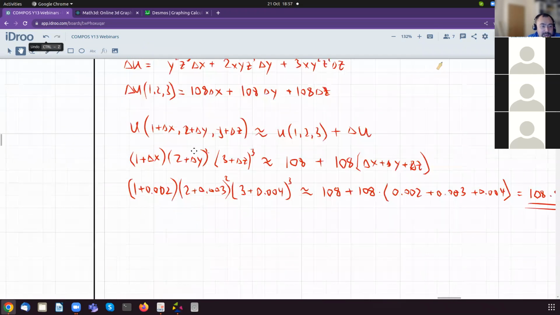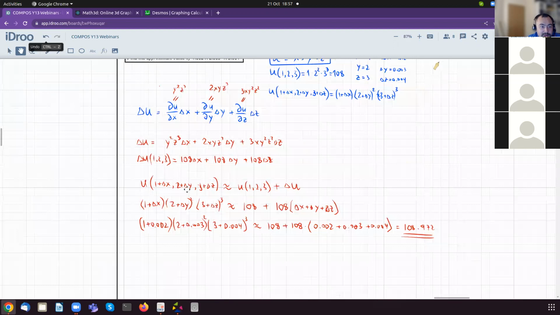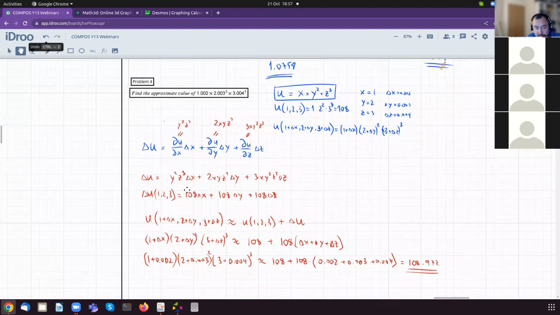And what do we get if we actually calculate the original value? 1.002 times 2.003 squared times 3.004 cubed. The calculator says that this is 108.976.